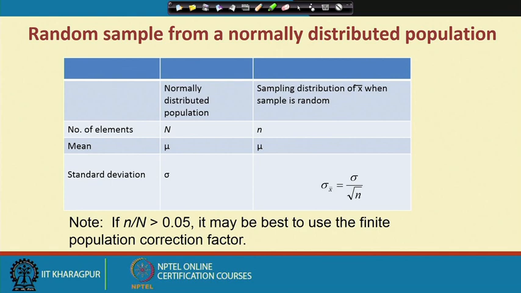So, here we are following a kind of structure: random sampling from a normally distributed population. These are the typical structures you have to follow, and capital N stands for the population parameter, then this is a sample kind of structure, and a distribution will be called an efficient distribution.